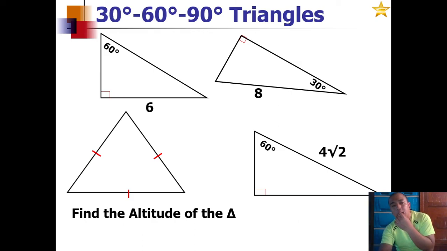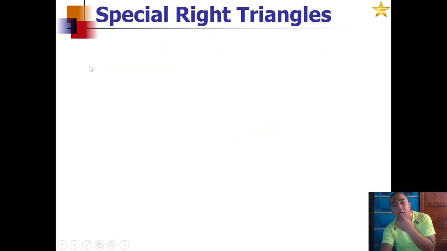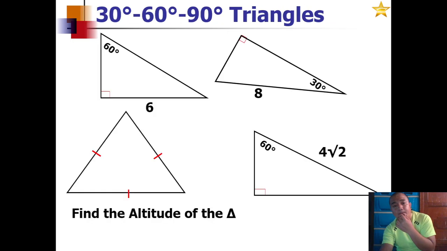Here, if this is 6, the side opposite 60 degree, that means you divide this by square root of 3. So 6 square root of 3 over 3, that means 2 square root of 3 dito. 2 square root of 3, that means the hypotenuse is 4 square root of 3. Now, dito naman, if this is 8, that means this is 4, opposite ng 30 degrees.